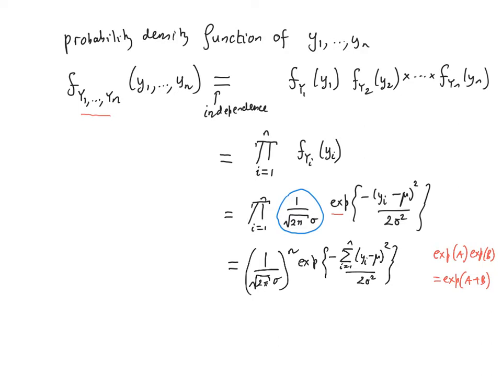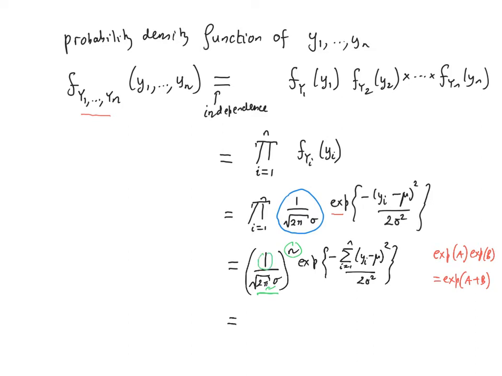And I'm going to write that in a slightly more simple way by working a little bit with this initial constant out the front here. What I'm going to do is bring the sigma inside the square root, and it will become a sigma squared. And then I'm going to write everything, instead of to the power n, to the power with a negative sign to get rid of this 1 over.